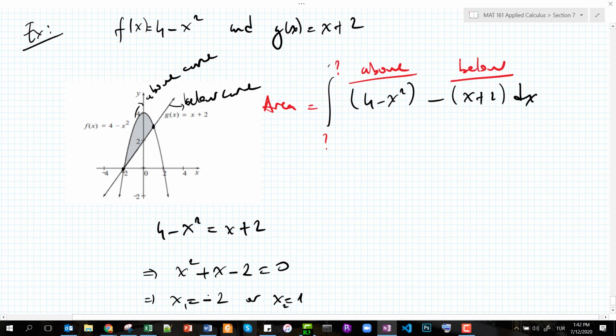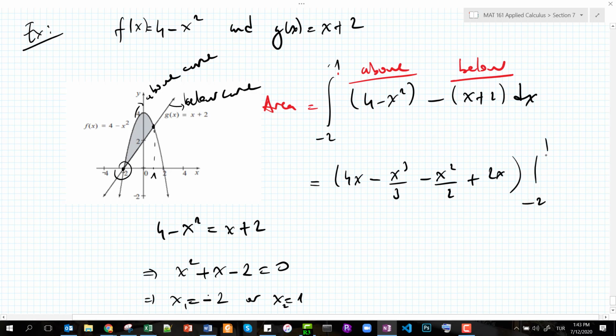As you see, this number is -2, which is the intersection point, and then this is the point 1. That's why I'm just going to write these points down here, -2 to 1, and I will solve this problem easily using the power rule, which is going to be 4x minus x cubed over 3 minus x squared over 2 plus 2x, from -2 to 1.